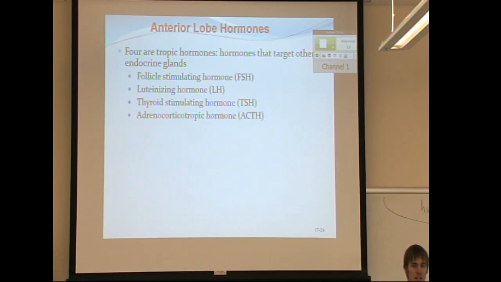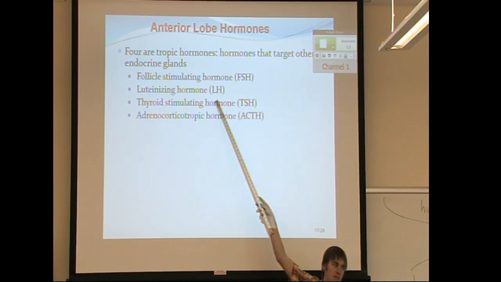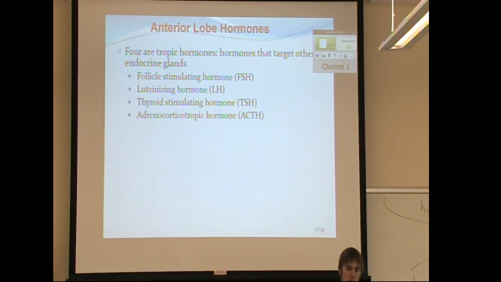Their job is to go to another gland and tell it to make hormones. Like the one you already learned about, luteinizing hormone. Remember, it went and told the ovary and testes to make testosterone, estrogen, etc.